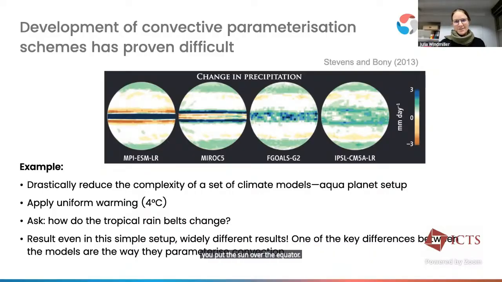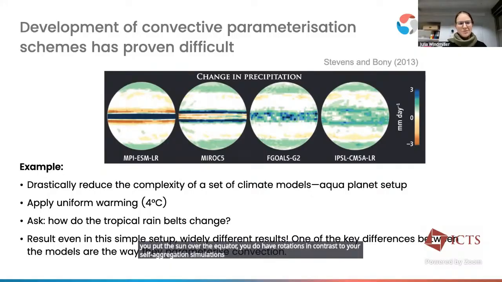You do have rotation, in contrast to your self-aggregation simulations. These are already more complicated, but still, of course, they're highly idealized. And so you set up a couple of different climate models in this way. And then you see what happens if you apply uniform warming.